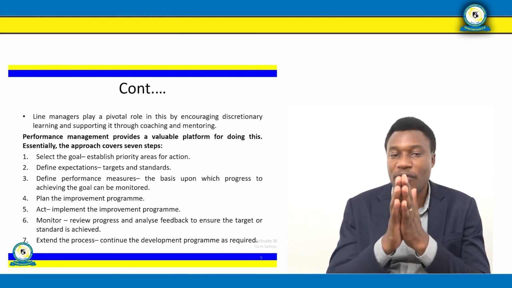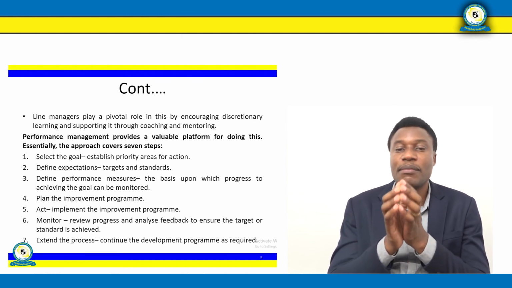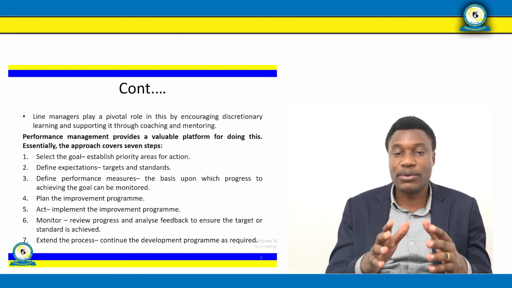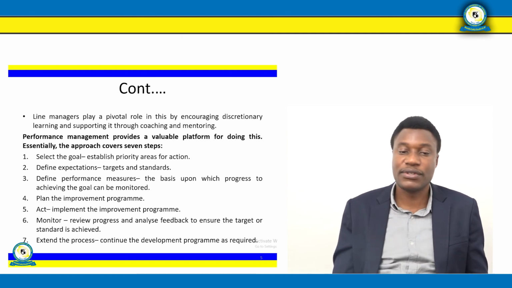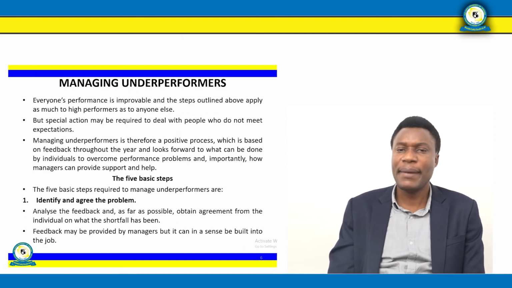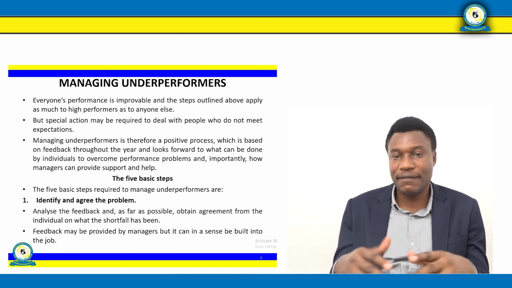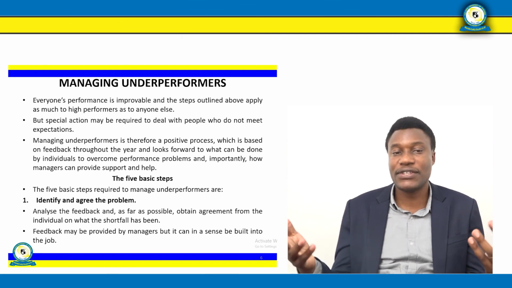We have said performance management provides a valuable platform for doing this, as it has 7 steps in this approach. Managing underperformance. Sometimes we come to a problem where people are performing under the expectations.